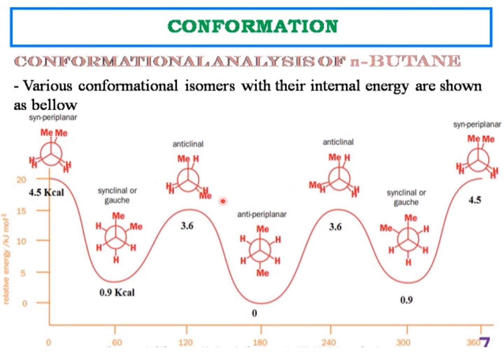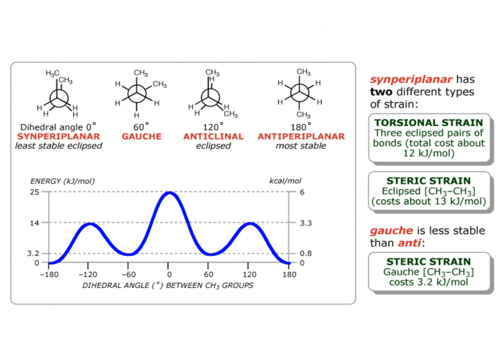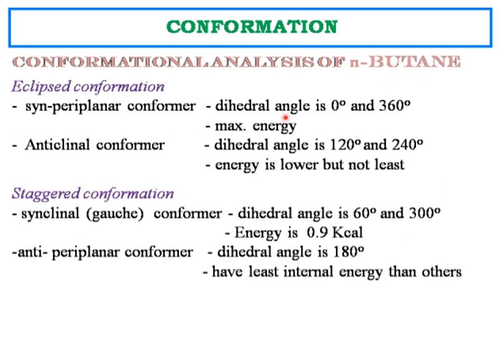So in this plot, you can see how we are arriving at different conformations, starting from staggered, eclipsed, like that. First, let us see the structure, then we will see about this. So in the conformational analysis of n-butane, you can have eclipsed conformation as well as staggered conformation. In eclipsed conformation, if the groups are closer together, then it is eclipsed.